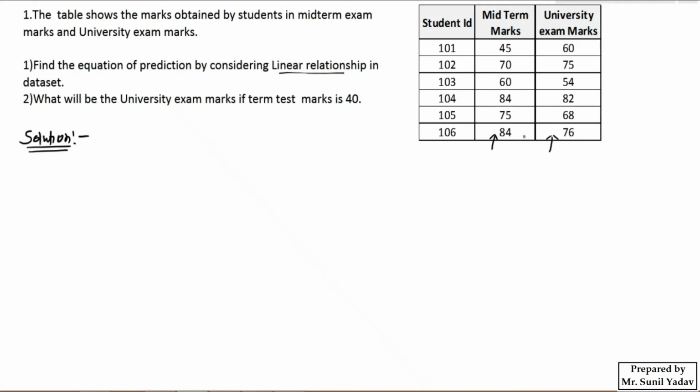Now we have to identify which variable is the dependent variable and which is the independent variable. Since the problem asks what the university exam marks will be, we need to calculate university exam marks on the basis of term test marks. So the university exam marks are the dependent variable, that is Y, and the midterm marks are the independent variable, that is X.